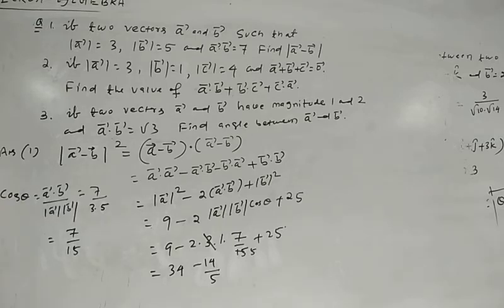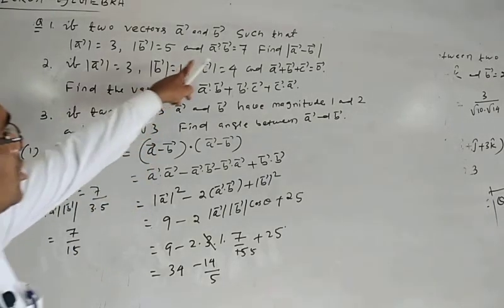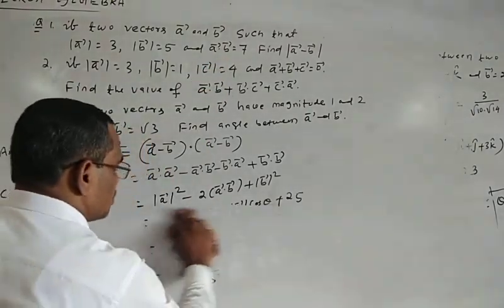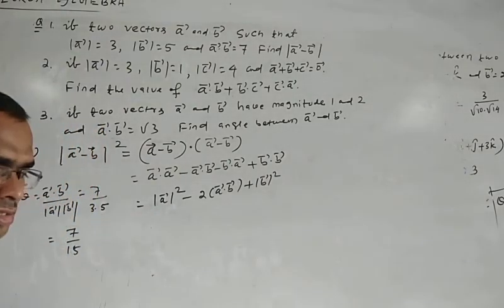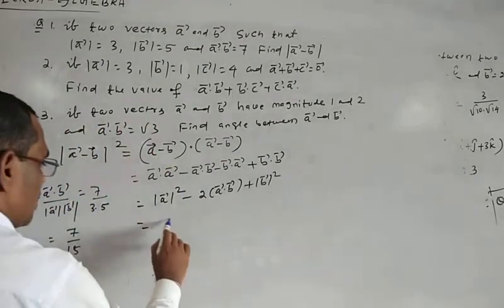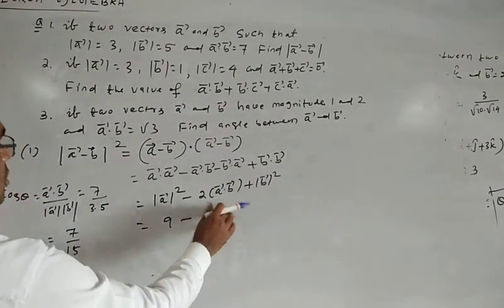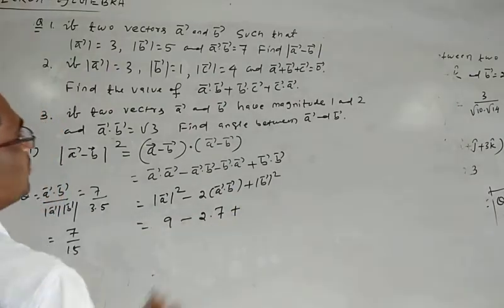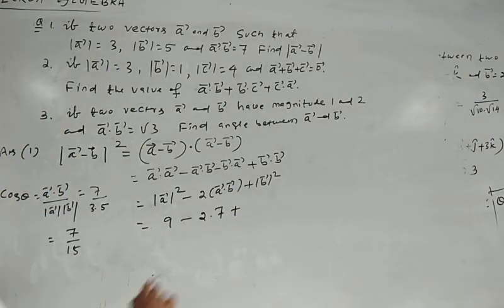Here you can substitute directly. Here A dot B is given. So directly substituting, A vector magnitude square is 3 square, 9, minus 2 into A dot B is equal to 7, plus B vector magnitude square is equal to 25.